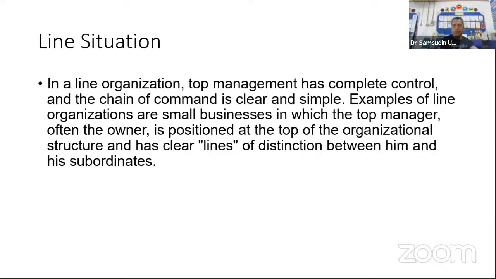So in a line organization, top management has complete control. That means in the everyday activities, in the daily operation of a section or department, there is an element of high control by the management. The distance between management and the job function of the line is very close.